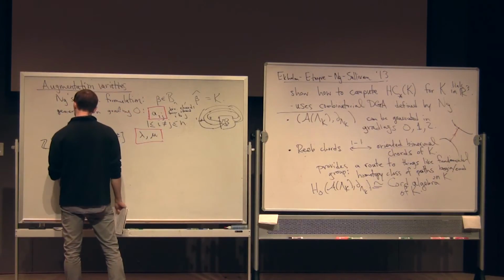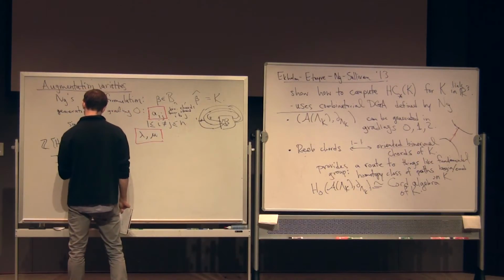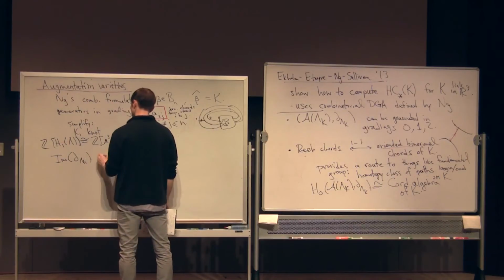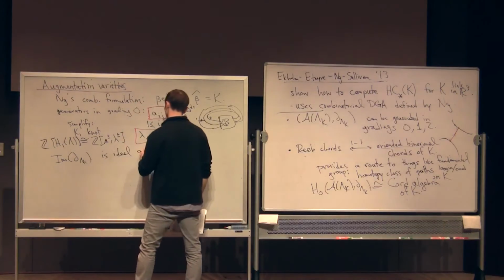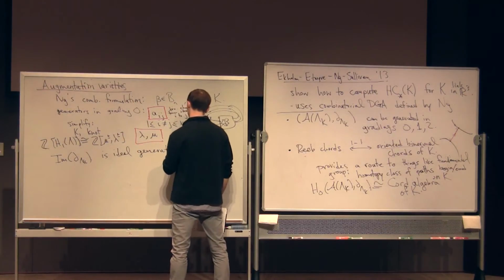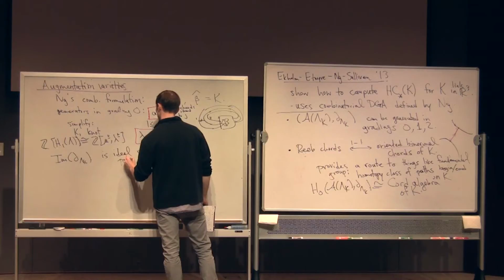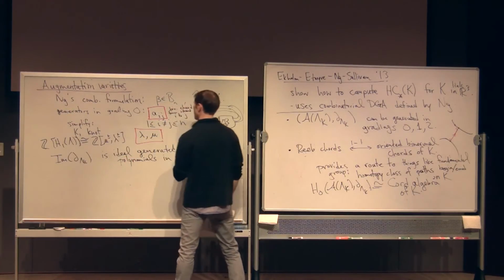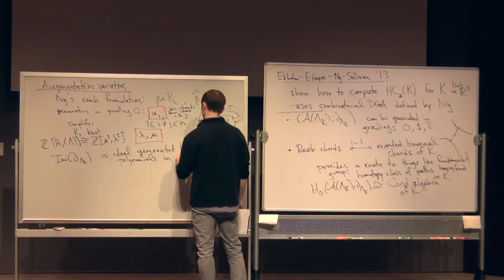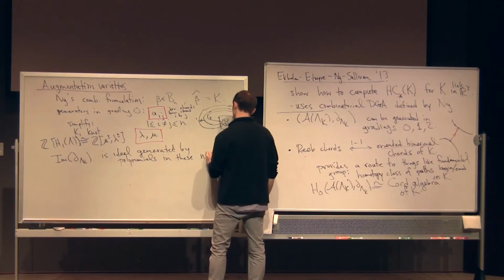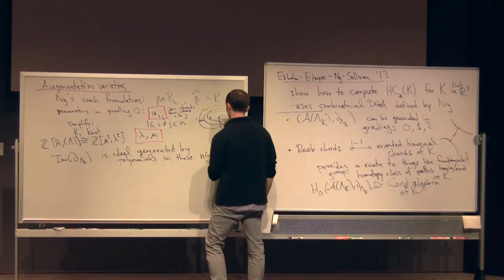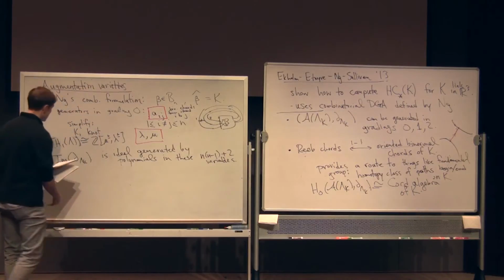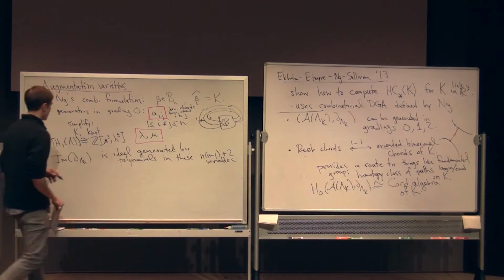The image is an ideal generated by polynomials in these n times n minus 1 plus 2 variables. And this immediately gives you the structure of an affine algebraic variety.